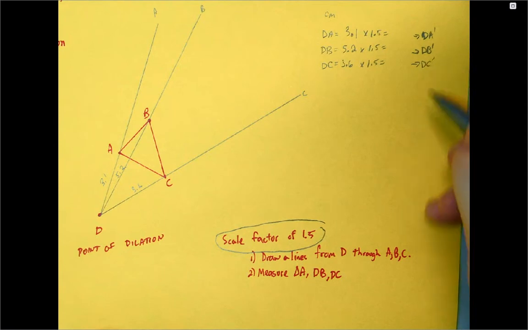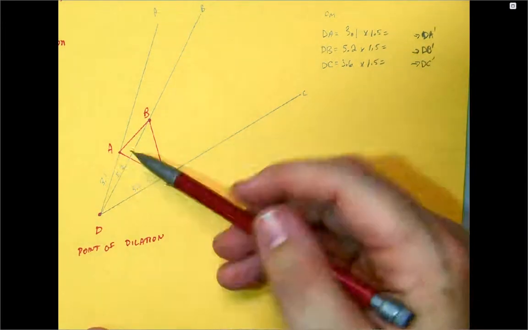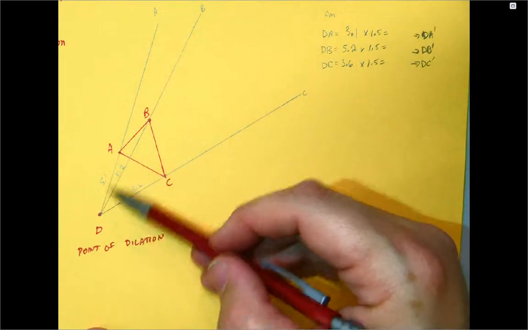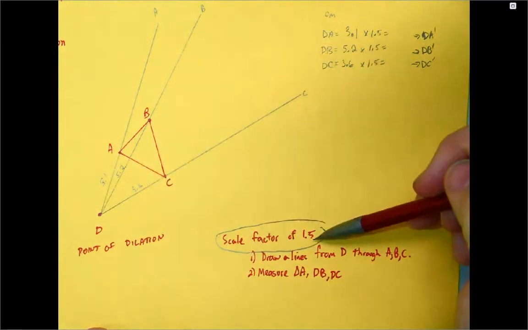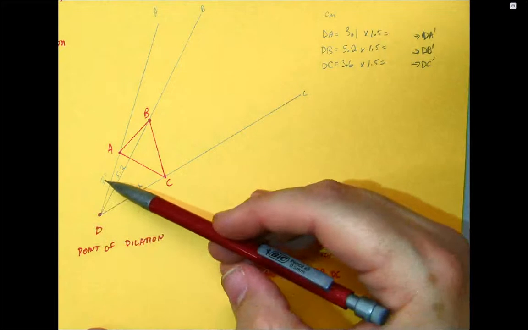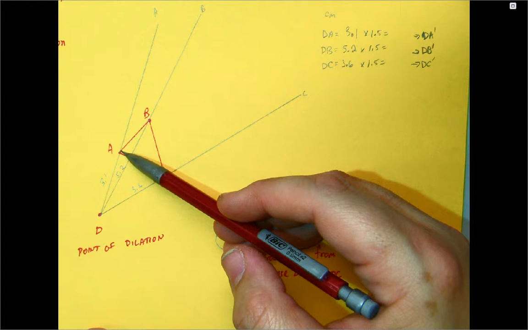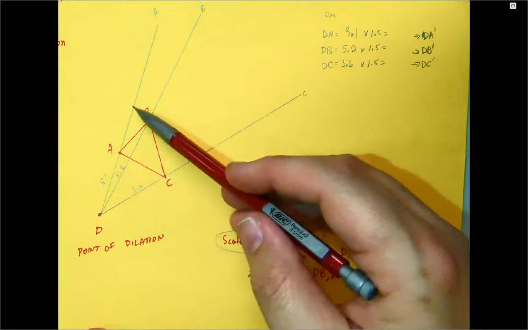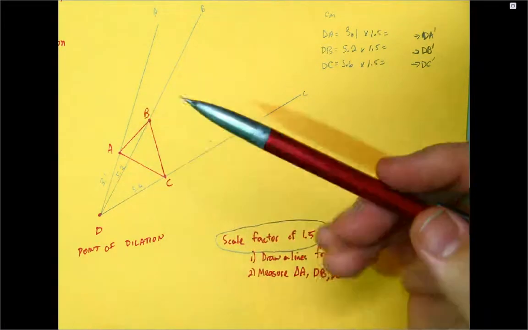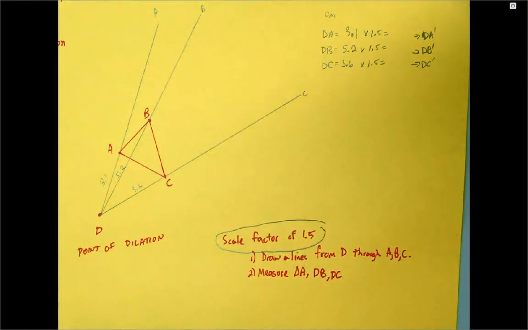So basically what we're saying is, this is 3.1, my scale factor is 1.5, so I need to figure out what 1.5 of 3.1 is. So it's going to end up being up here somewhere. So you take your calculator, 3.1 times 1.5 is 4.65.